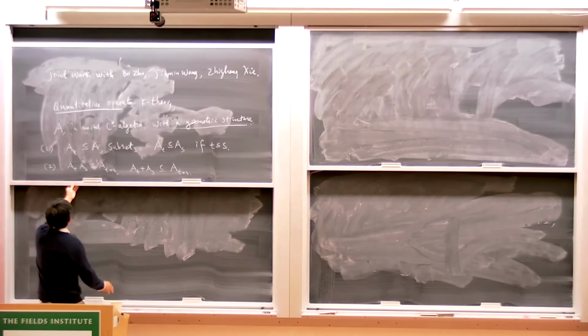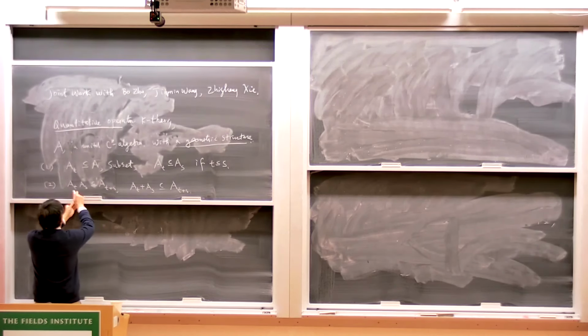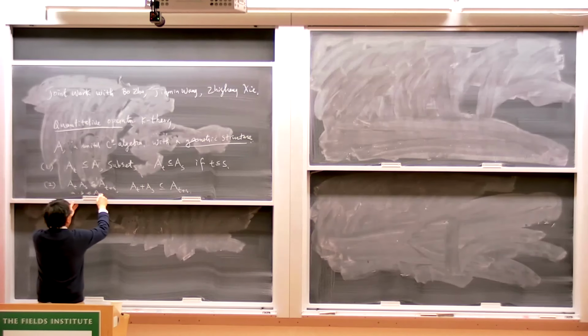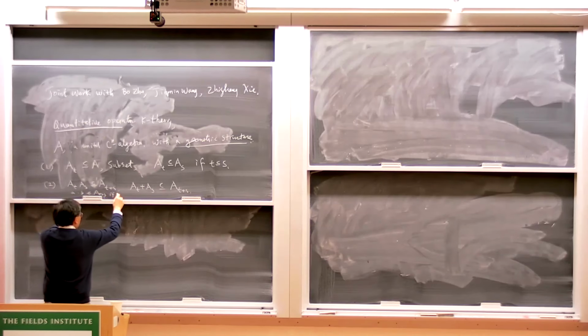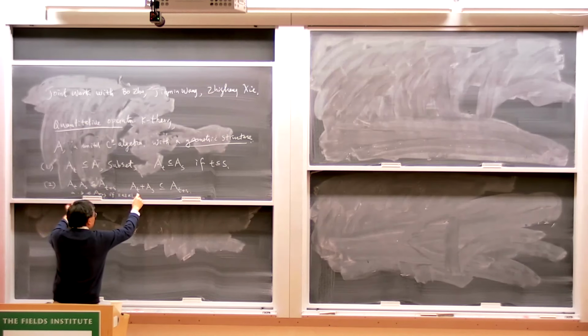I need to be a little bit careful: if I have a in A_t and b in A_s, then the product is going to be in A_{t+s}. I actually impose the condition that it's inside the unit ball.